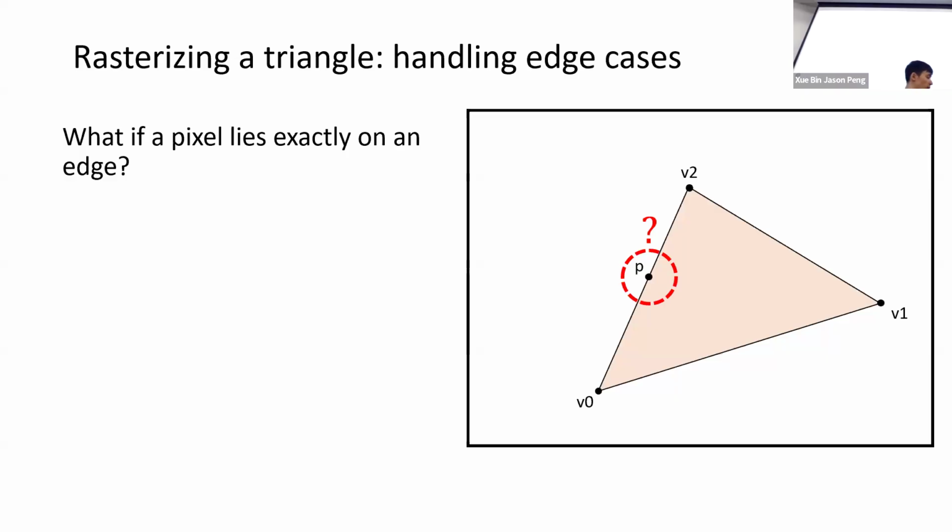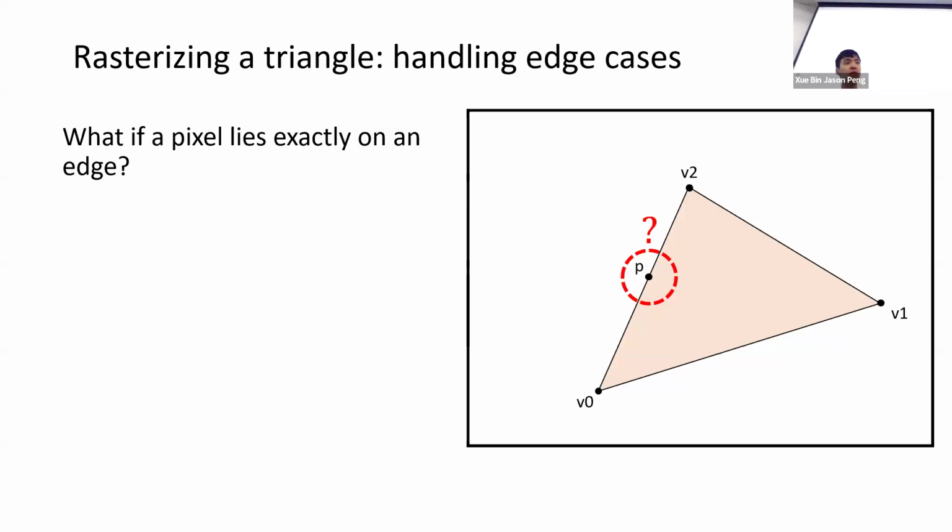When we are rasterizing complex meshes with thousands of triangles, we have to be careful in terms of how we handle these edge cases to make sure that it doesn't lead to any artifacts when rendering those more complex shapes. So let's take a look at some different ways that we can handle these edge cases and what some of the trade-offs may be.